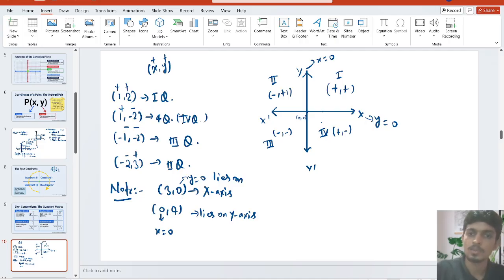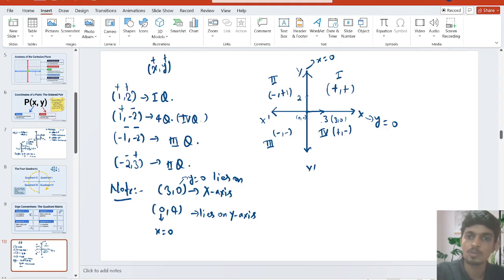If here is 3, its coordinate is 3 comma 0, because to reach this point we start from the origin and come to this point. We do not need to go along the y-axis, so the y coordinate should be 0. So 3 comma 0 here. Similarly, this is 2.